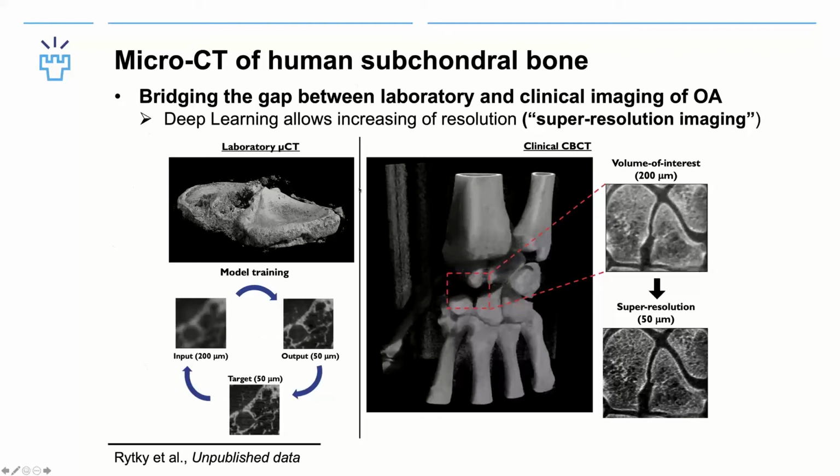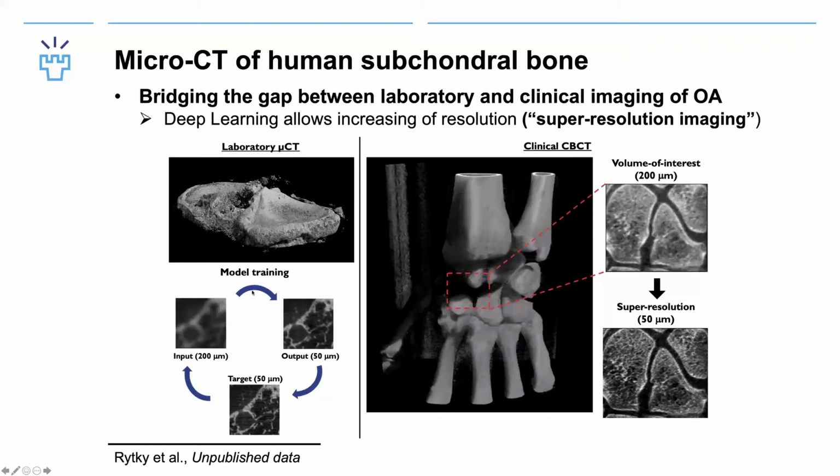Here is an example of a deep learning model done with the laboratory micro-CT scan. In the model training phase, this was the input scan, basically the 200 micrometer resolution, and then this was the target that we wanted to train, 50 micrometers, and this is then the output. This is eventually the prediction of the model.